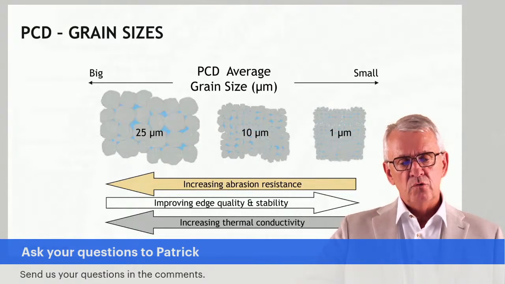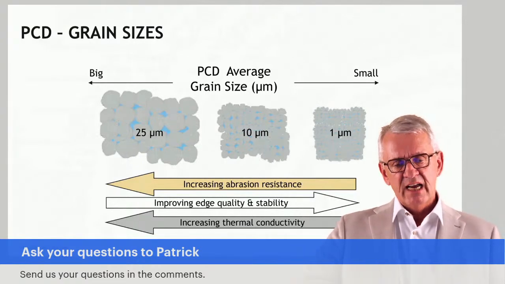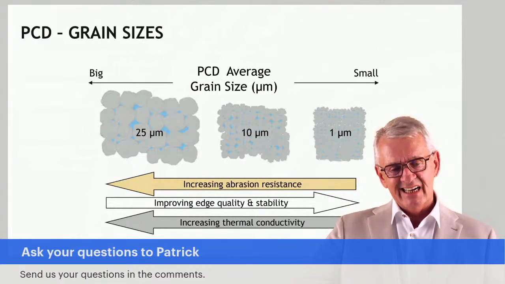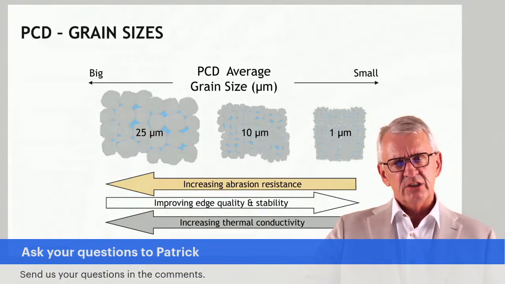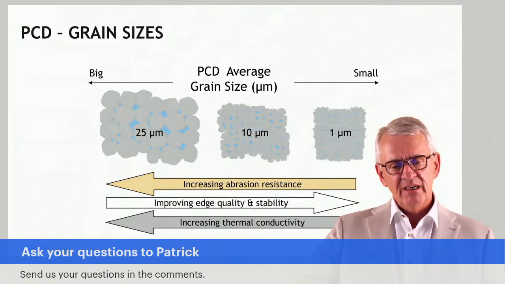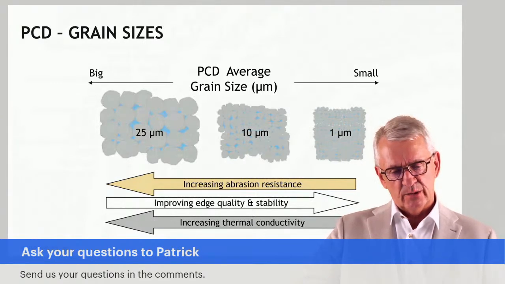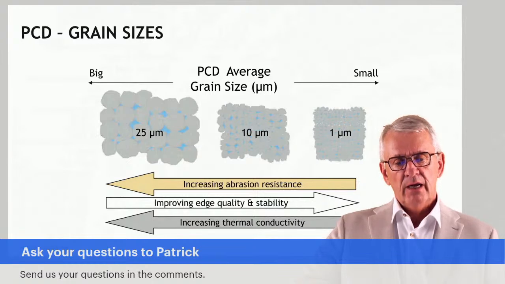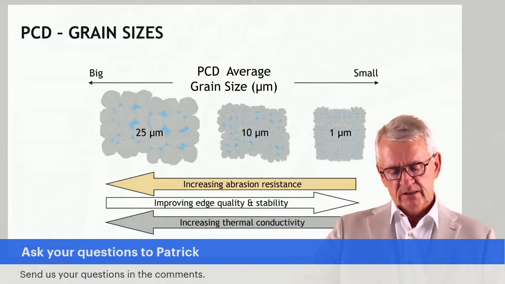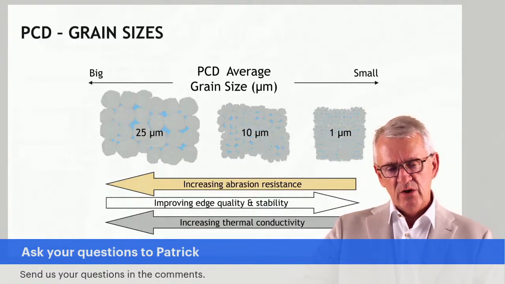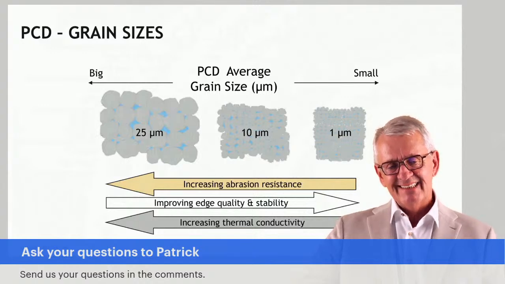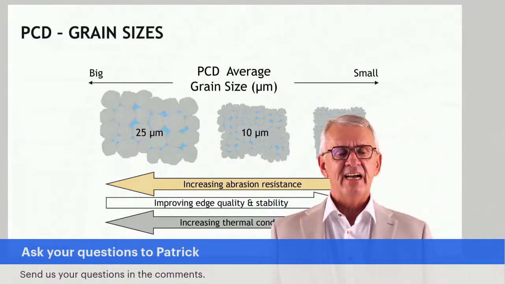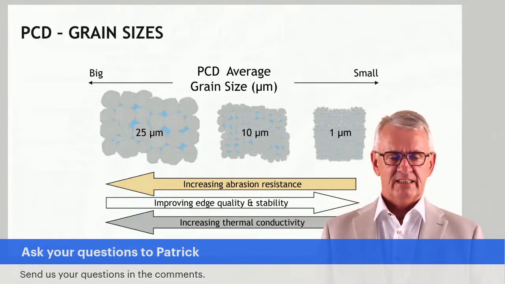However, if you go for sustainable cutting edges, in other words, cutting edges with a high edge quality, sharpness, and stability, that keep their sharpness, those things we refer to as sustainable cutting edges, then it's better to go for fine grain sizes, small grain sizes.